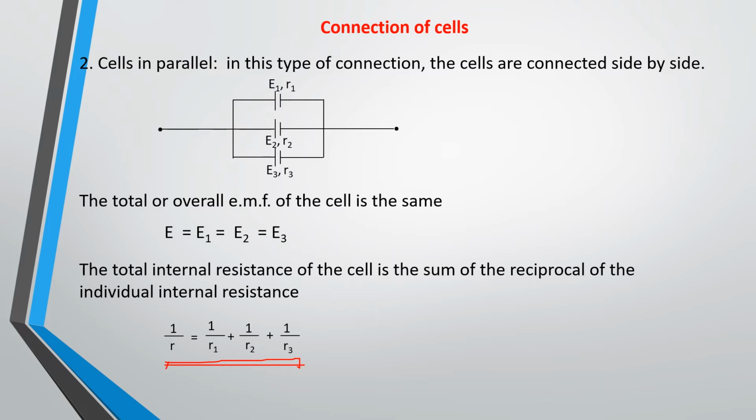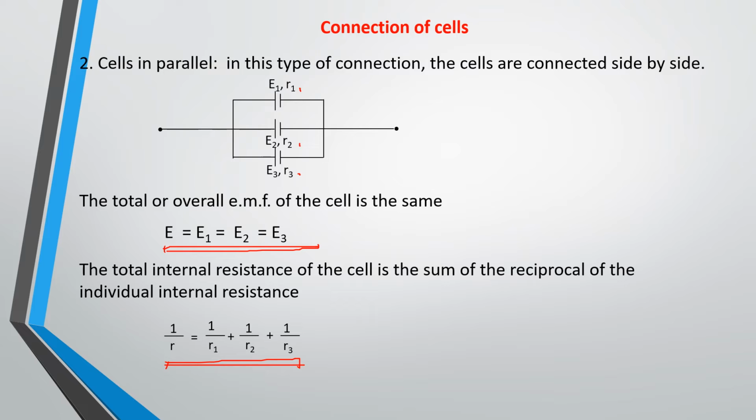Their EMF does not change. It is the same EMF in R1, the same EMF in R2, the same EMF in R3. So the EMF does not change. Okay, so this is for cells that are in parallel.